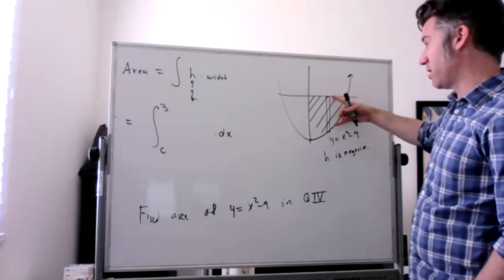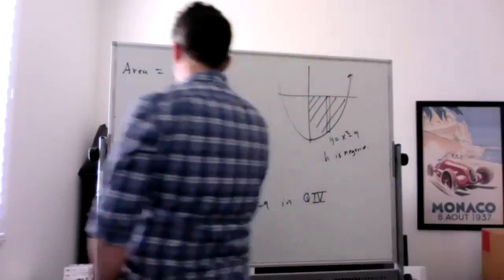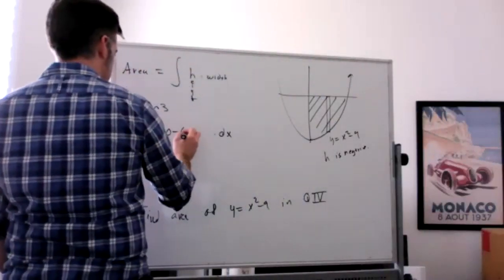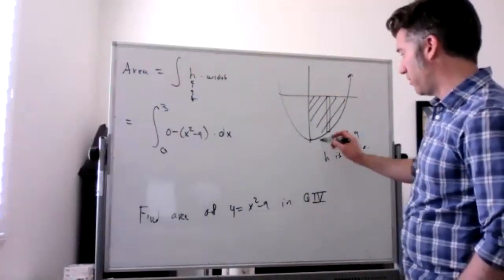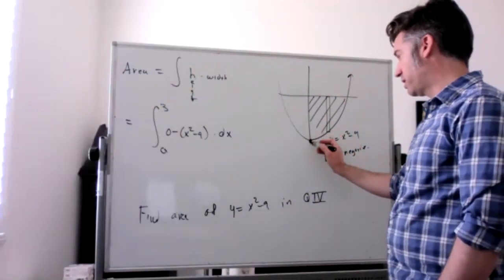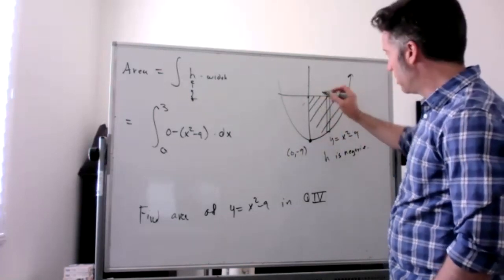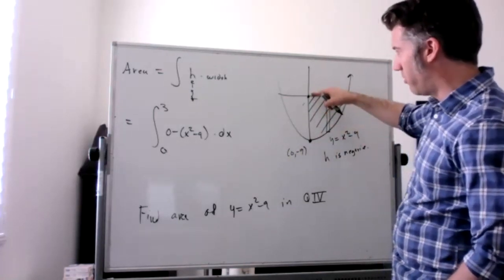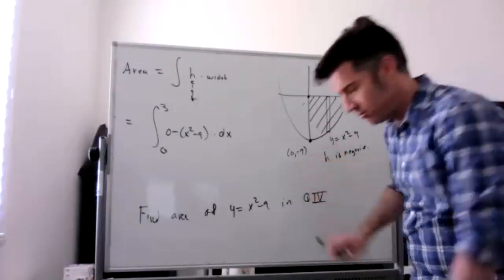So the height would be 0 minus (x squared minus 9). Which makes sense, right? When x is 0, this point is 0 minus negative 9, which is 0 plus 9, which is 9.